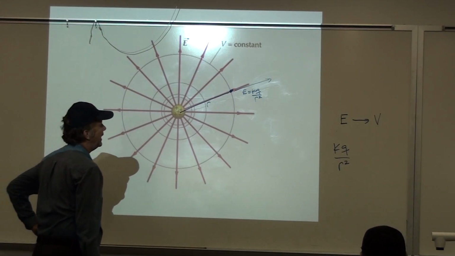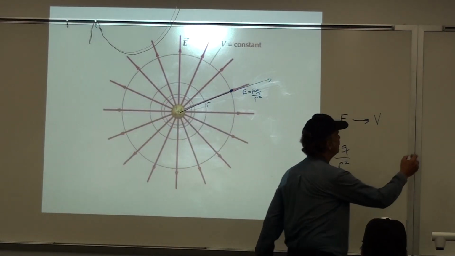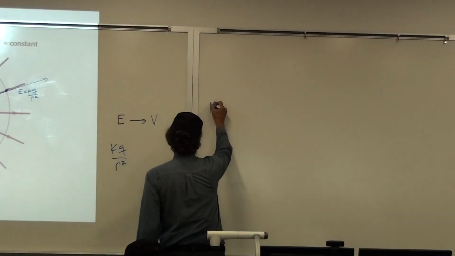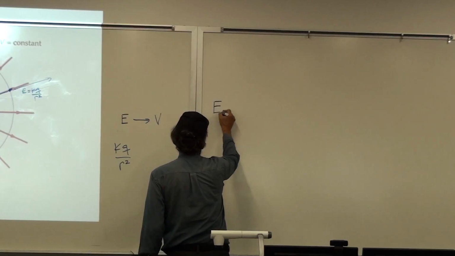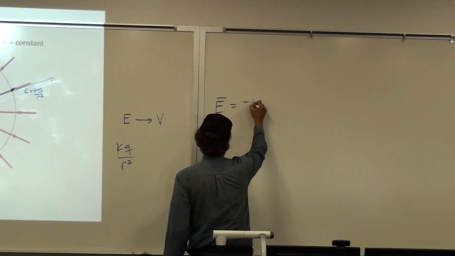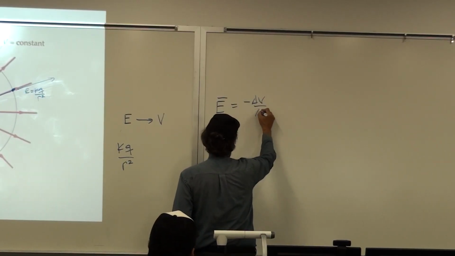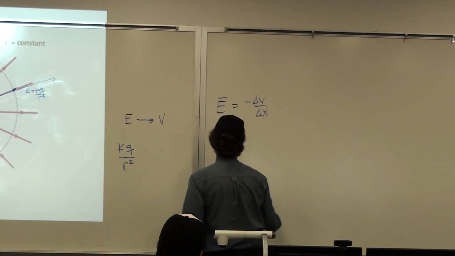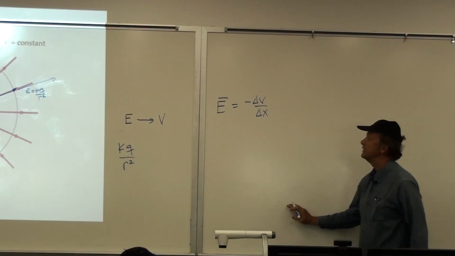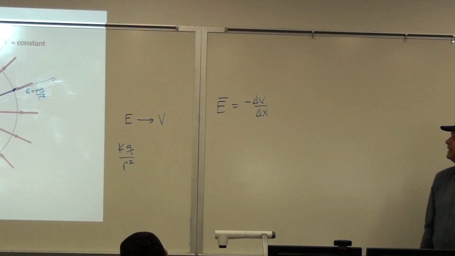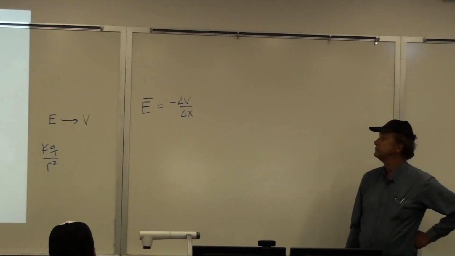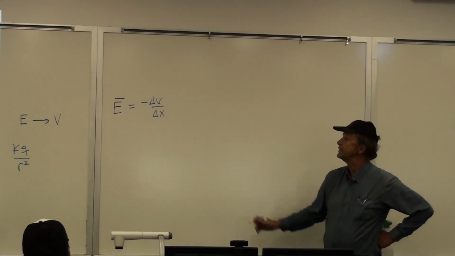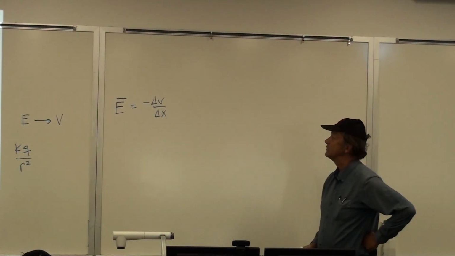The way to do that is to think in terms of what we said before in lab, that the average electric field was equal to minus delta V over delta x, assuming that delta x is in the same direction as the electric field.